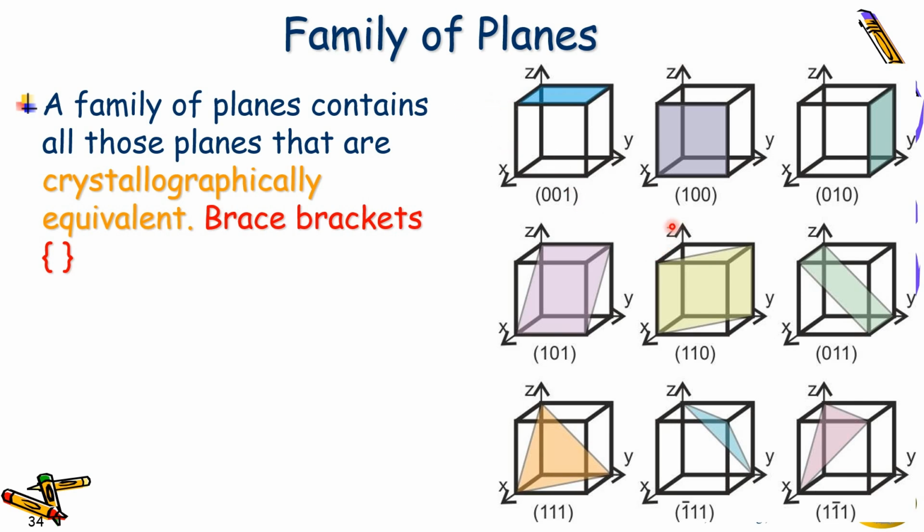So for example, when we talk about 0, 0, 1, 1, 0, 0, and 0, 1, 0, these are members in the same family, right? Now this is the members in the same family for 1, 0, 1. If you use the brace bracket here and 1, 0, 1 brace bracket, this is the same. 101, 110, 011. This is the same family.